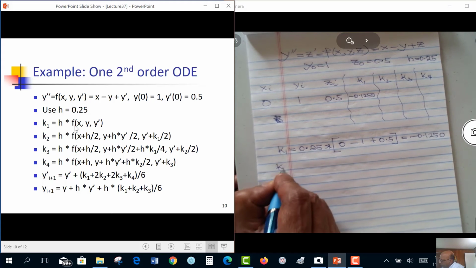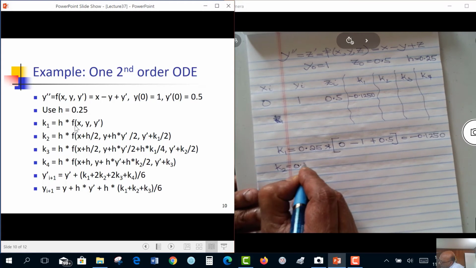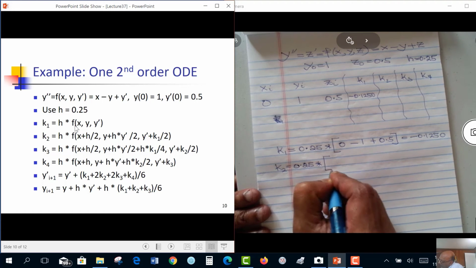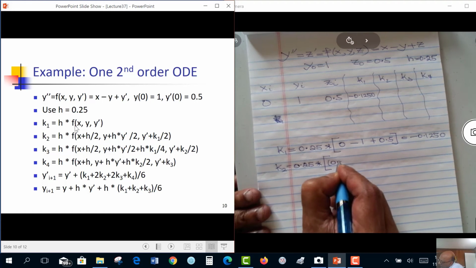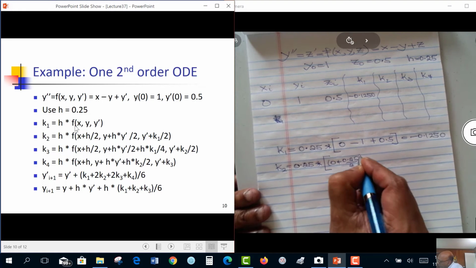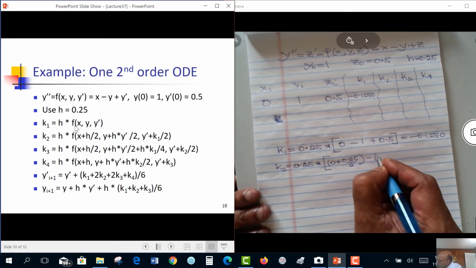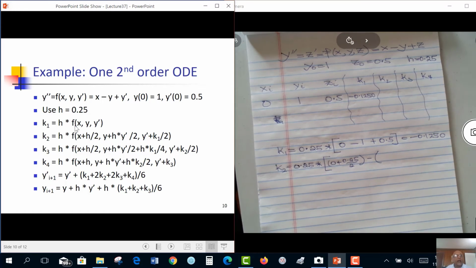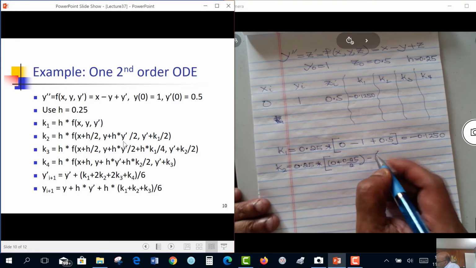Okay, let's do K2. 0.25 times, remember this will become 0 plus 0.25 over 2 minus, and we have in K2 y plus hzi over 2.